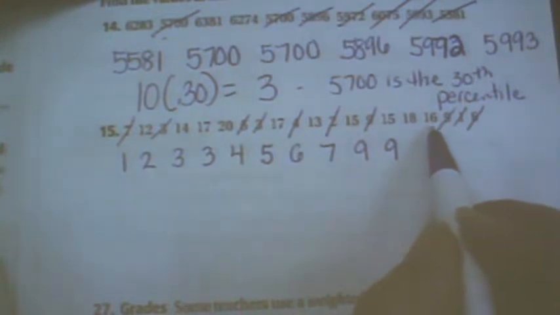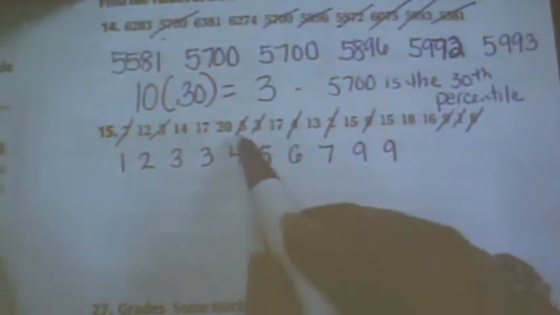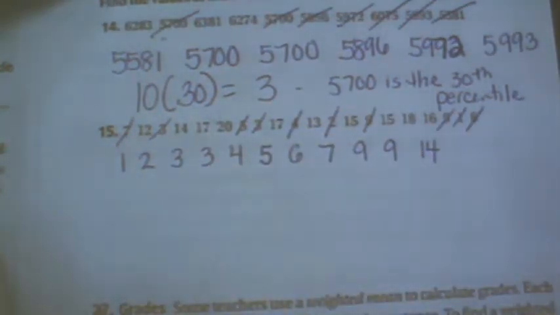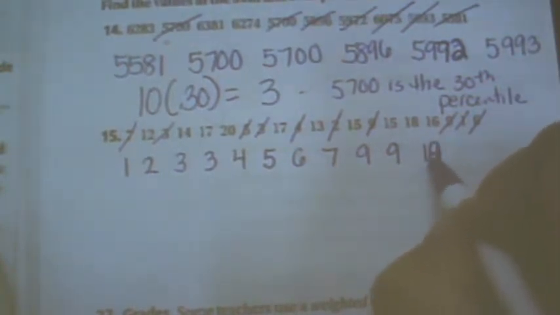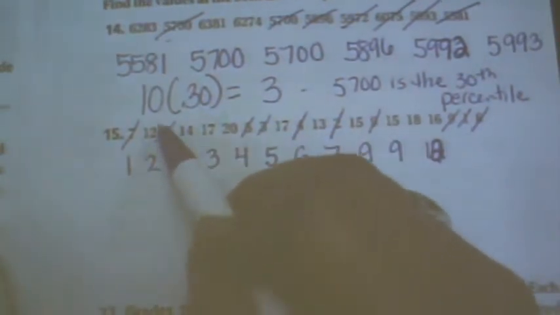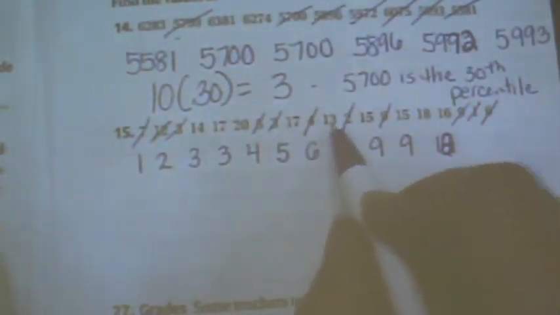There's no 10. The next number seems like it's a 14. Hmm? 12. Oh, there's 13. Where do you see 12? Next to the second 9. Oh, right there. So it went 9, 9, then 12, right? Then we have a 13.